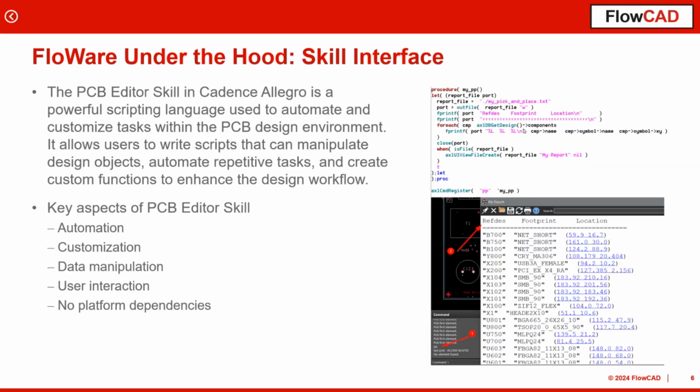It is primarily used for customization, and it can not only extract data, for example for generating a BOM report, it can also be used to manipulate the database. So Skill is the automation layer.